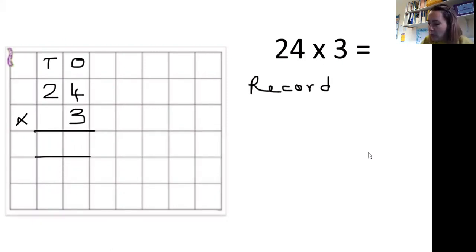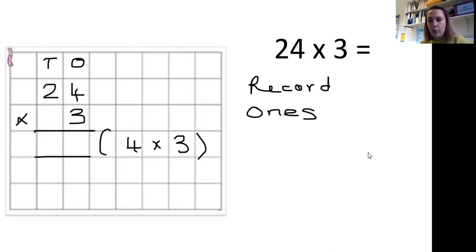So my first job is going to be to look at the ones, just like when we were doing the column addition. We start with the ones because they're the smallest. So the ones, it's asking me to do 4 times 3 equals, so 3, 6, 9, 12. So the answer's 12.